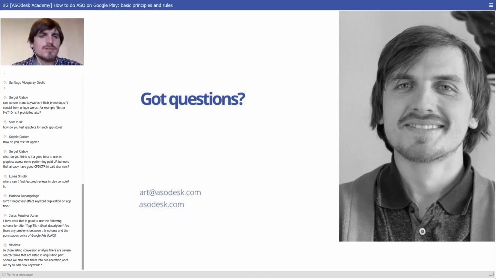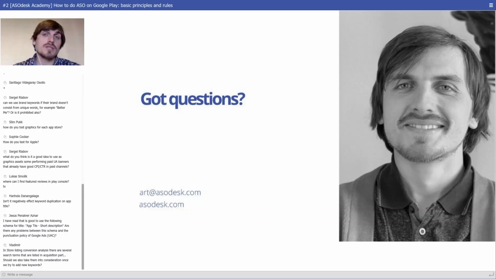Do you mean that you use the app title and then use the app title in the short description and add keywords there? If this way, I have no idea. I've never heard about such an idea. For me, the most important is to use the most important keywords in the title and short description, and to repeat the app title in the short description, for me, it makes no big sense.